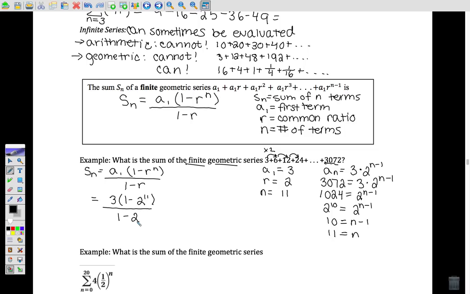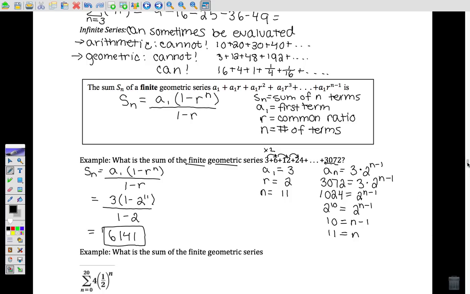If you use your calculator, you can actually put that all in just one step. So if we calculate that, we should get 6,141 by plugging that into our calculator.